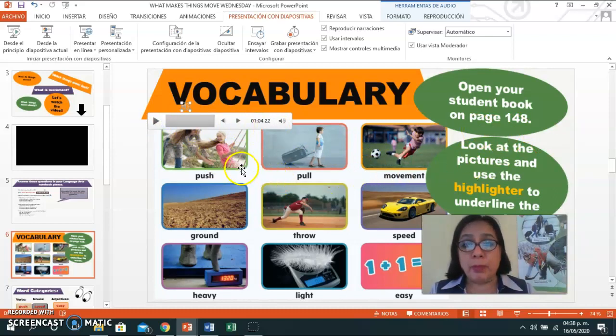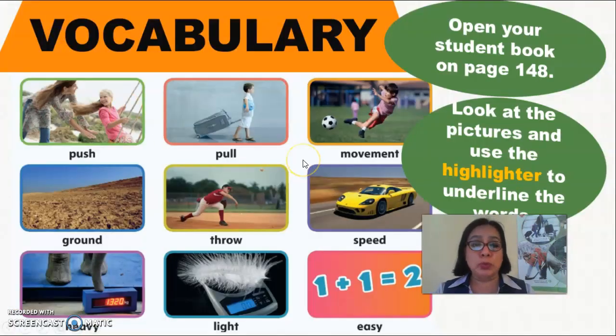And remember, push is the movement that you do with your hands. Okay, you push. Pull is when you move toward you something with your hands, you pull. Movement, this is a movement, side to side. Ground is similar to the soil or land.